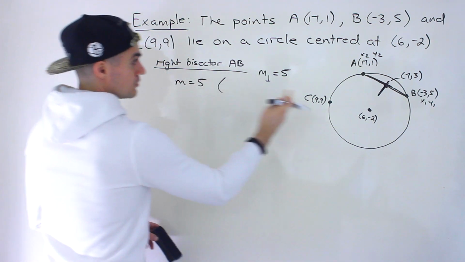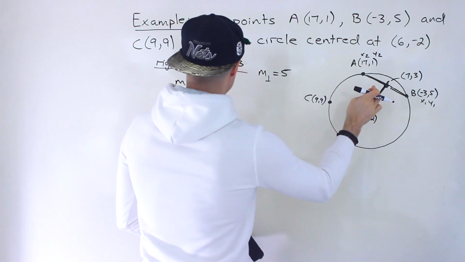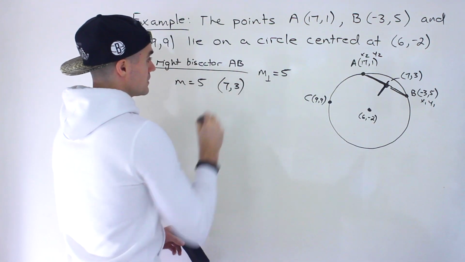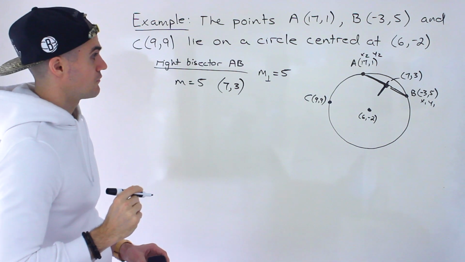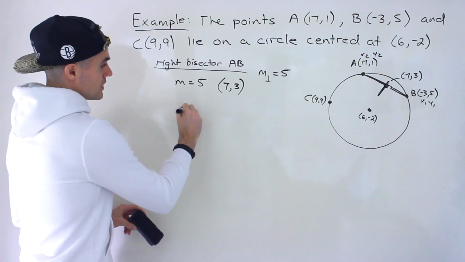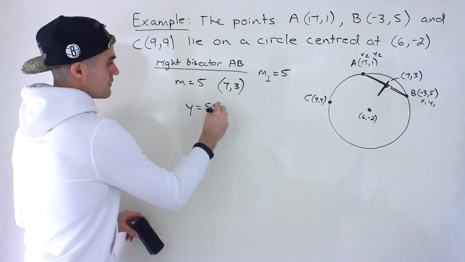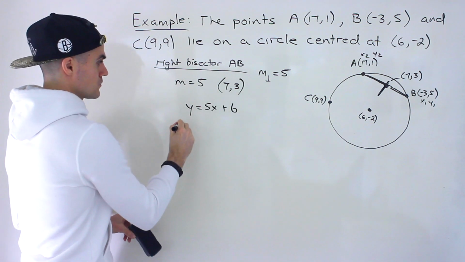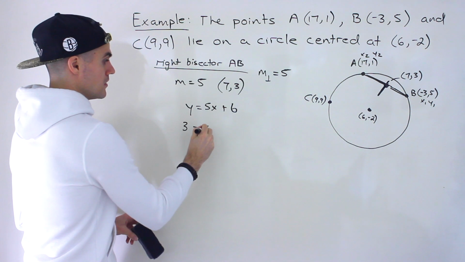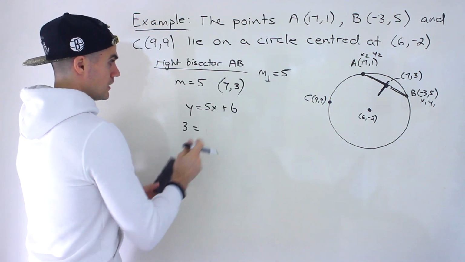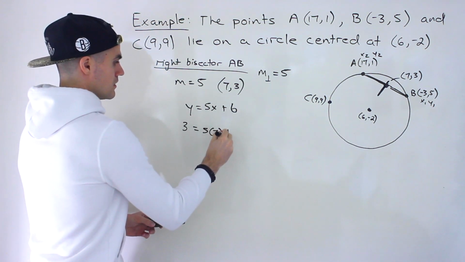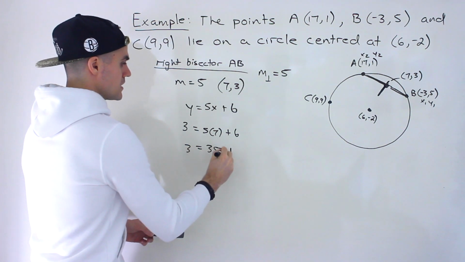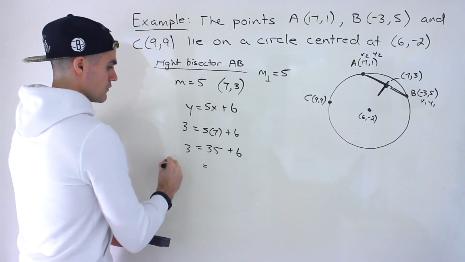We have the slope of this line, which is positive 5, and then we have the point that it's going through, 7 and 3. And so to find the equation at this point, we just do y equals 5x plus b, and then we could solve for this b value, plug in the point, so we'll have 3 for y, plug in 7 for x, so we'll have 3 equals 35 plus b, bring the 35 over.